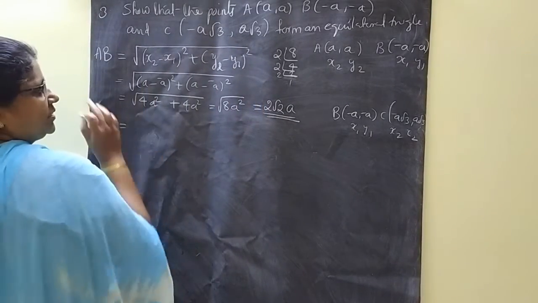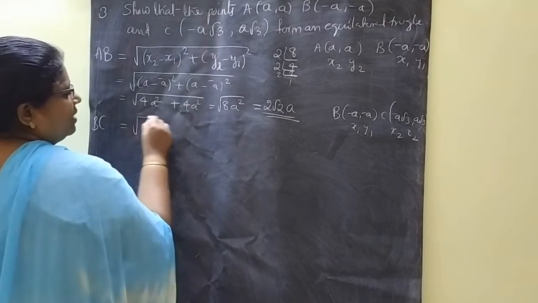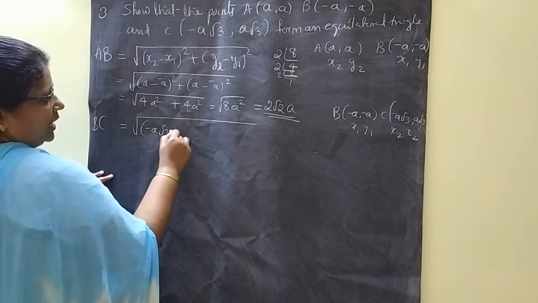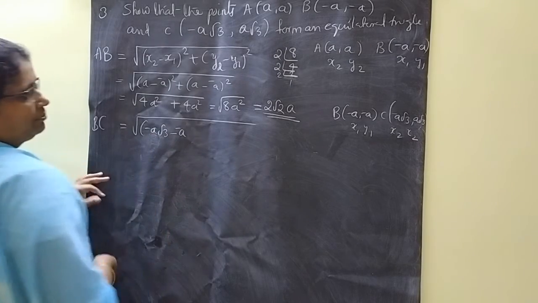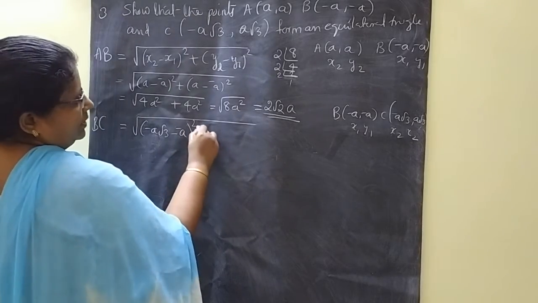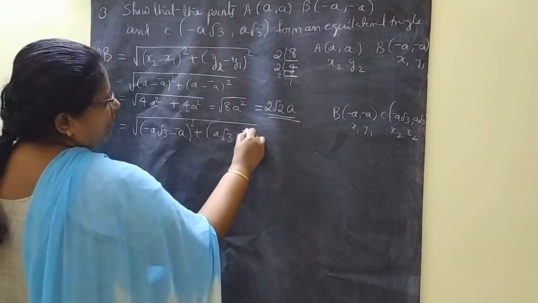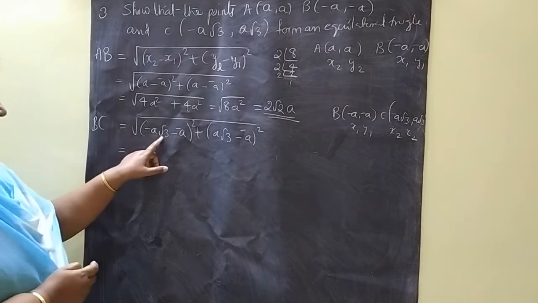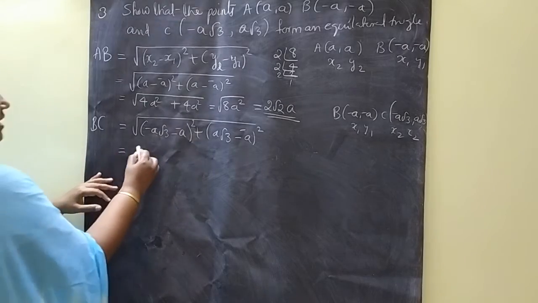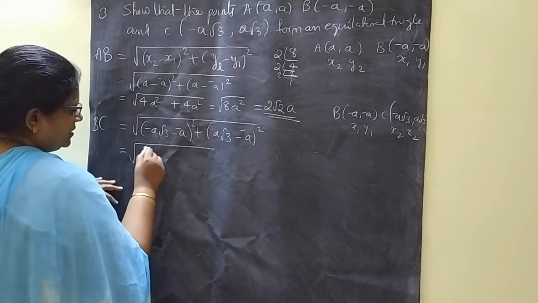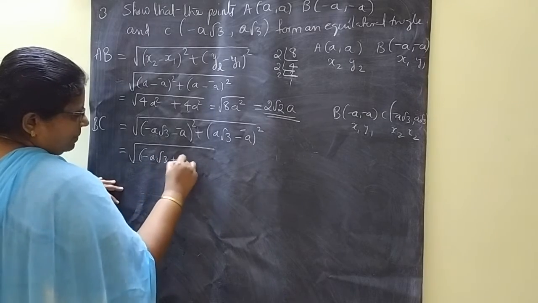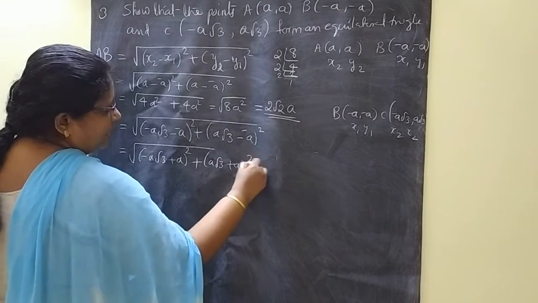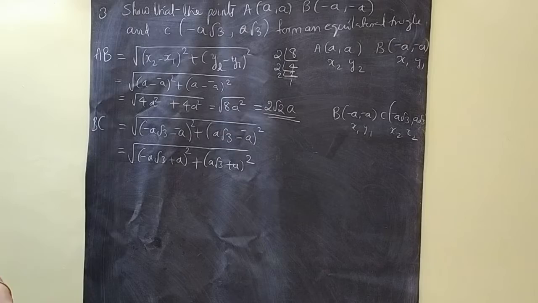For BC, there is no need of writing the formula, since we already wrote it once. So, root of (minus A root 3 minus A) whole square plus (A root 3 minus minus A) whole square. We can write it as (minus A root 3 minus A) whole square and (A root 3 plus A) whole square.